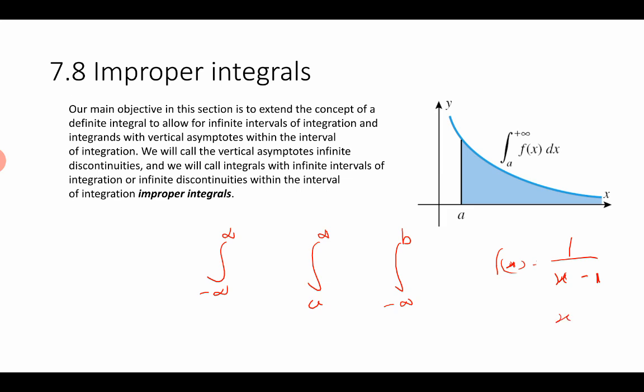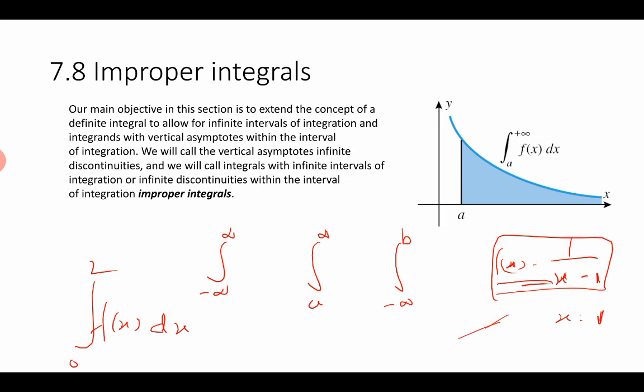It's not defined for x equal to 1. It has a vertical asymptote at x equal to 1, isn't it? So when you integrate this function from 0 to 2, you should be careful. This function is not continuous at x equal to 1. So we are calling these kinds of integrals, either they have infinite intervals, or within the interval of integration there is a vertical asymptote. We are going to solve these kinds of problems.